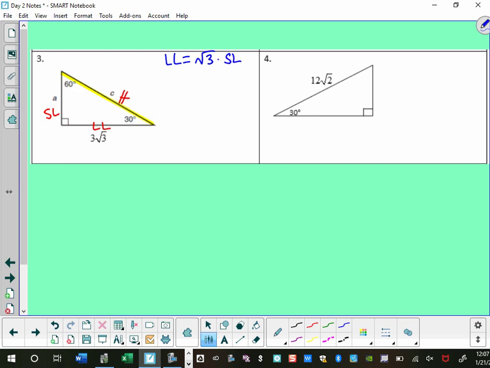So now I can plug in. What do we have for my long leg? 3 times root 3. Alright, so then I have root 3 times the short leg. Now how do I get a by itself?